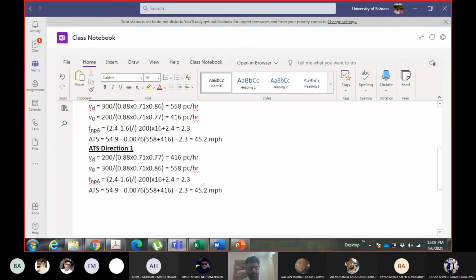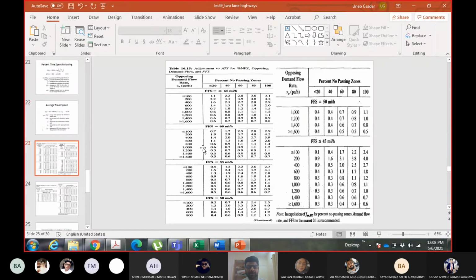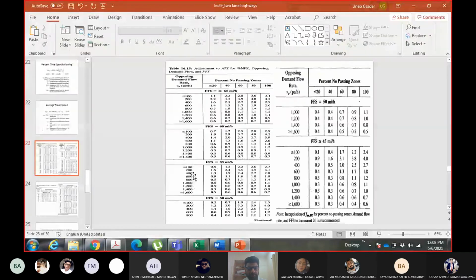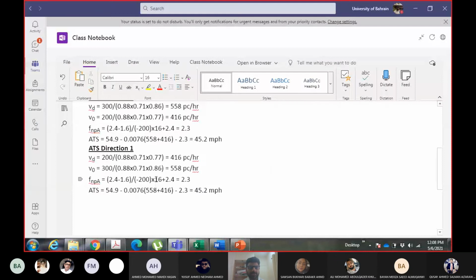Then the factor f and p will also change, because now the opposing flow rate is 558. So you will do the interpolation for 558 now. But you are still between the same two factors, 400 and 600, in the same range. So just replace this here. How much is this value?